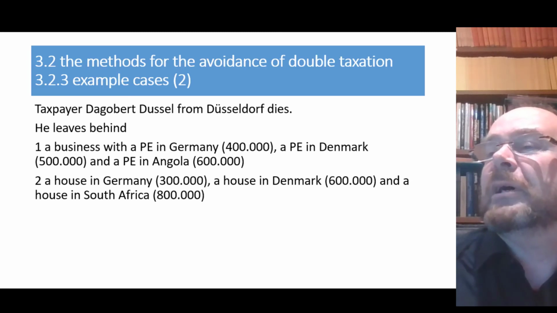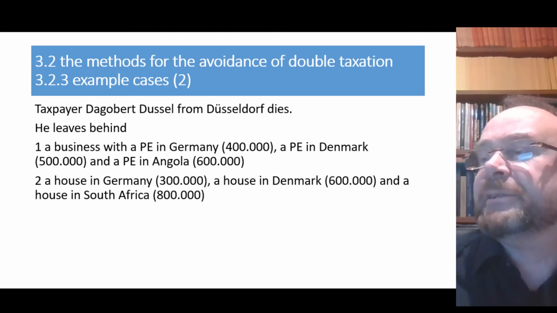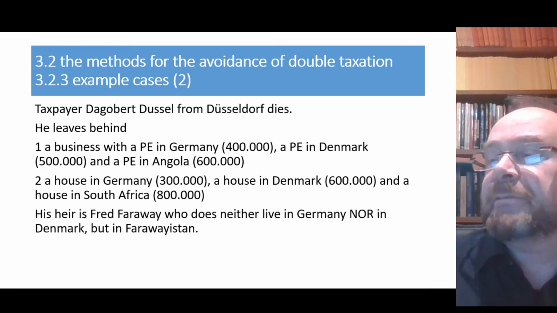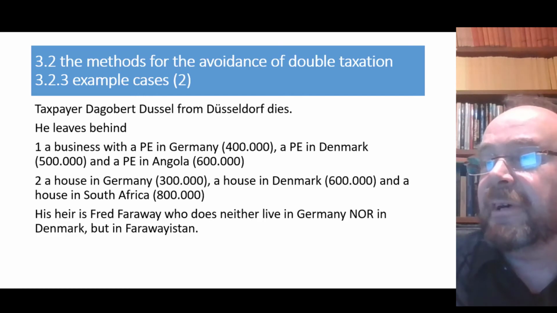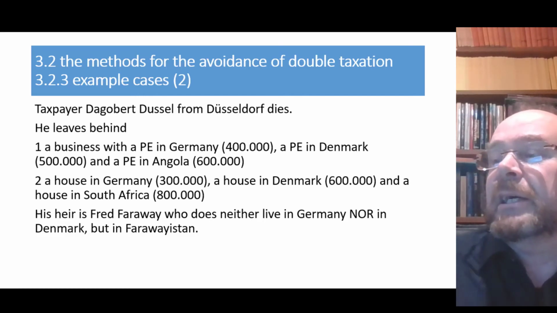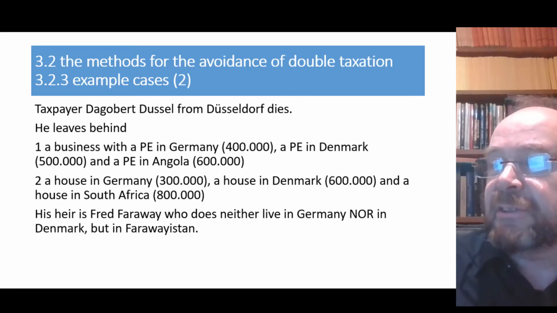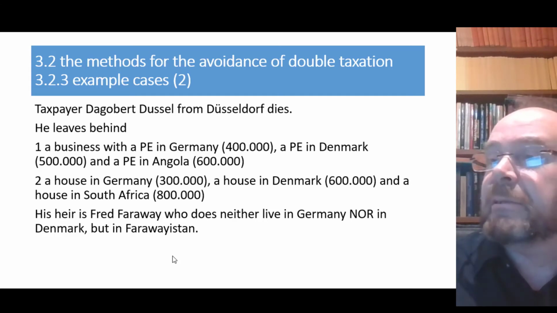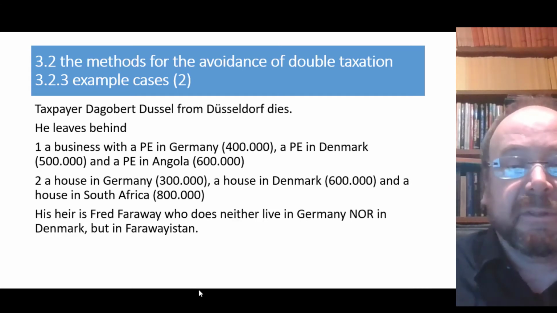And furthermore, a house in Germany, a house in Denmark, and a house in South Africa. The heir is Fred Faraway, who lives neither in Germany nor in Denmark, but in Farawayston. And the question is naturally again, how is that case to be treated under the rules of the Double Taxation Treaty? And you know, the only thing we can hope for is good luck here.